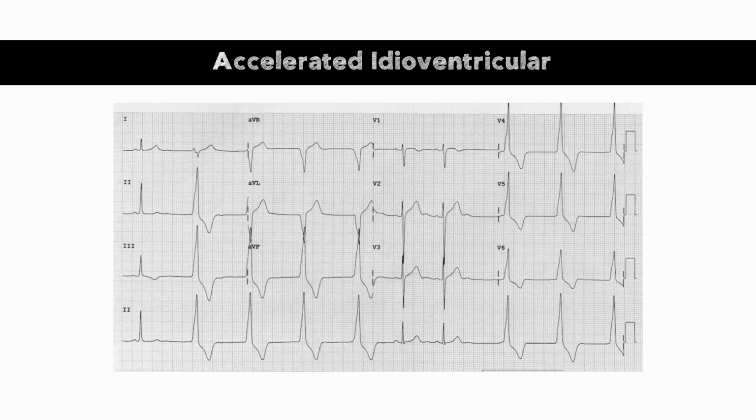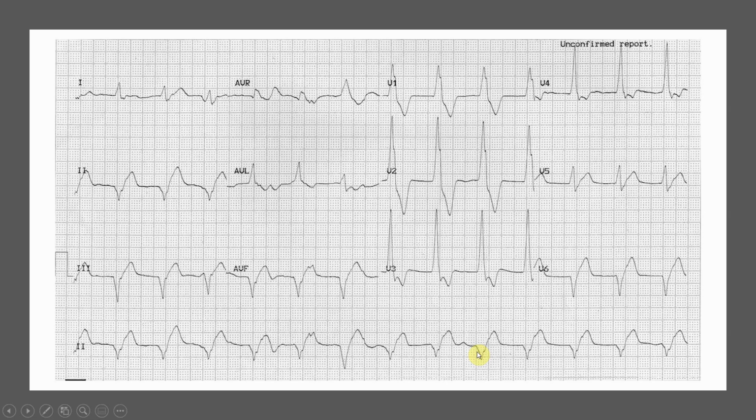Accelerated idioventricular. So what makes this accelerated idioventricular? Well, technically this is accelerated idioventricular with some capture beats because the underlying supraventricular rhythm or P waves are actually capture, okay? But this is actually accelerated idioventricular with capture beats.